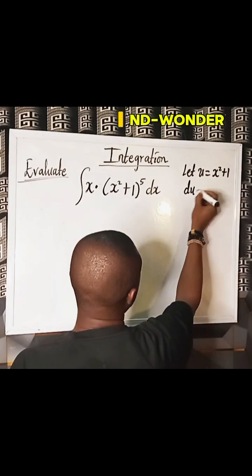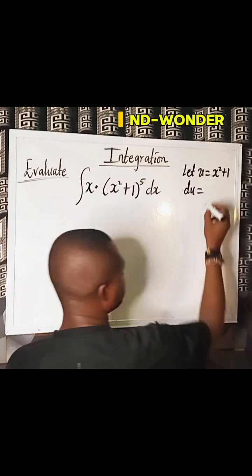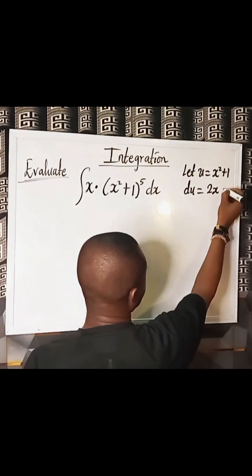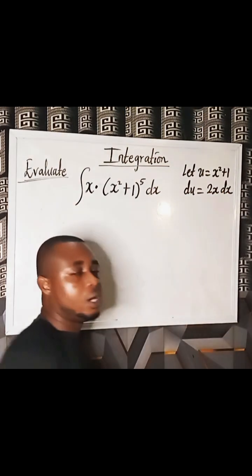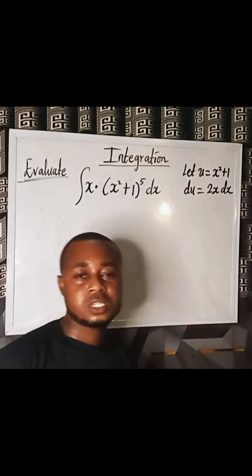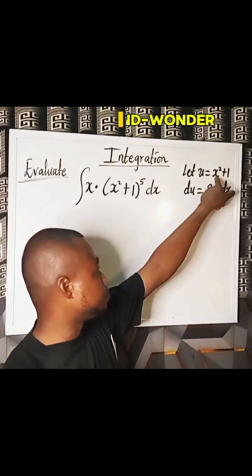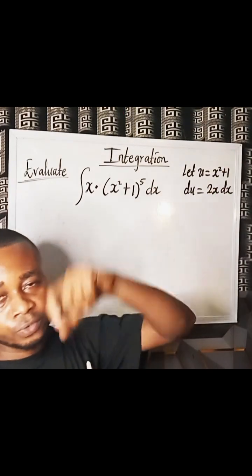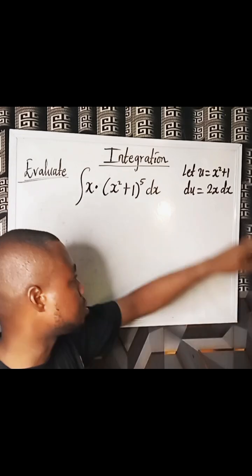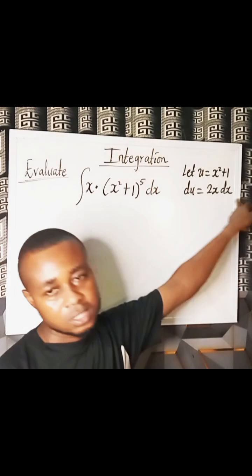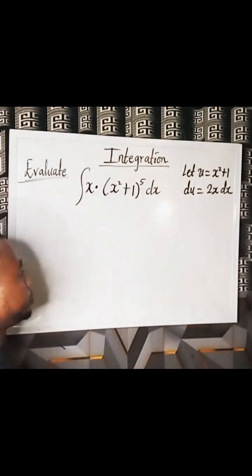Actually, du can be 2x dx. What this simply means is to get the derivative of x squared plus 1. The derivative of x squared plus 1 is what? 2x dx.